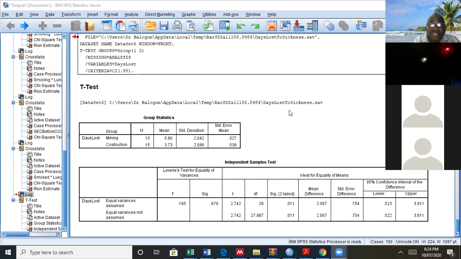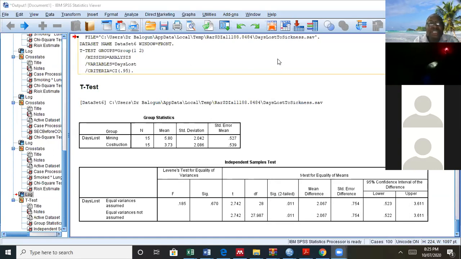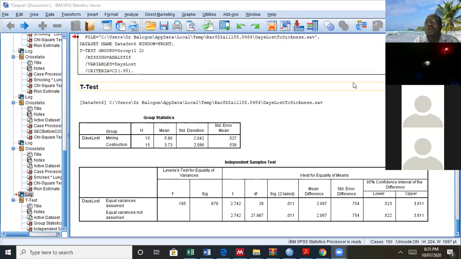If there's a difference in the variance, the value here will be different. I'm asking, in that instance, which one would we have taken? If Levene's test shows that the variances are not equal, I will take the one for equal variances not assumed.